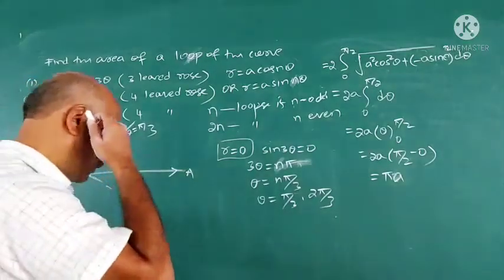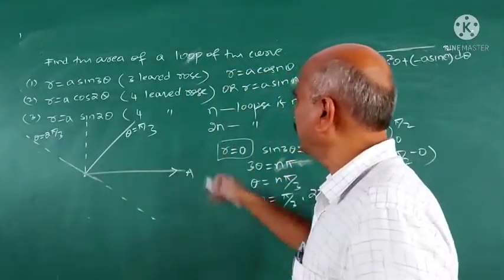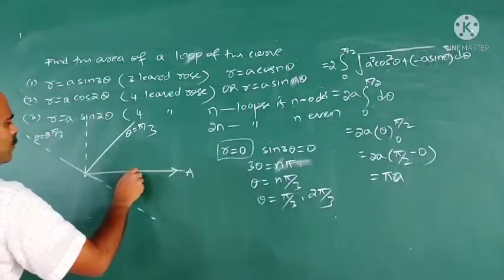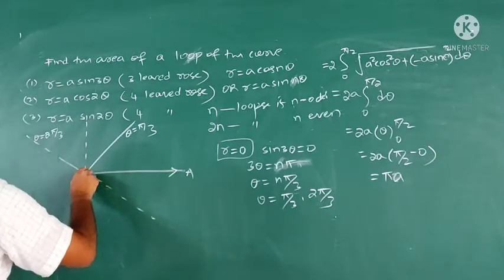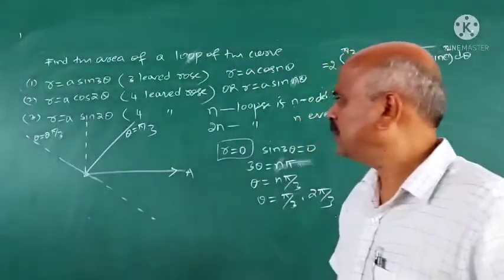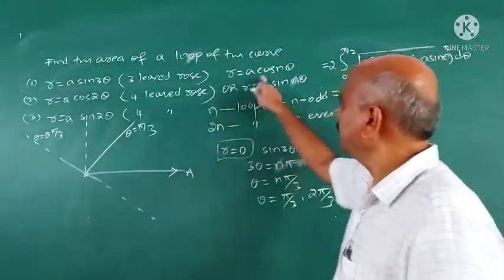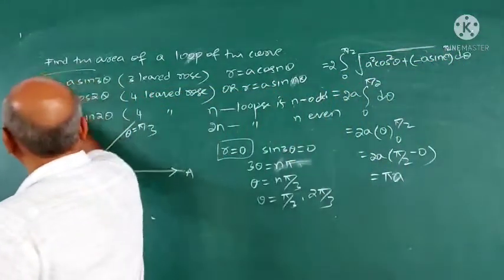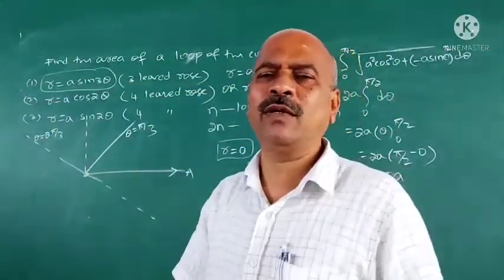Now, what are the values of theta? We have to find out. When theta is 0, r is 0. Theta is 0, so is r 0? Yes, 0. Pole it is. Next, when theta increases, r increases here, because r is a sin 3 theta and sin increases from 0 to pi by 2.